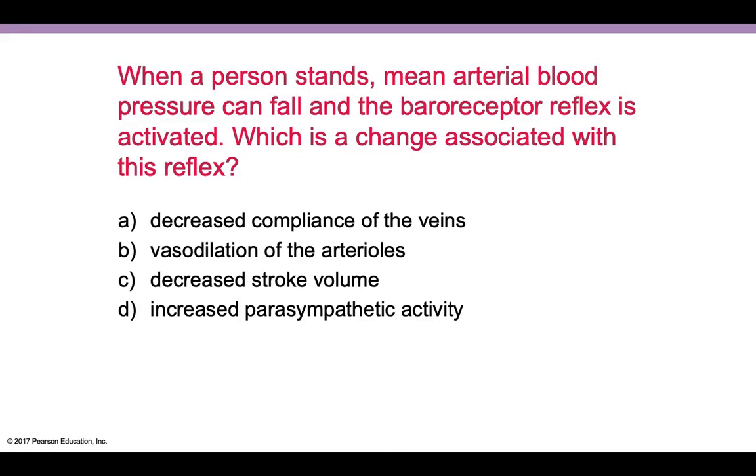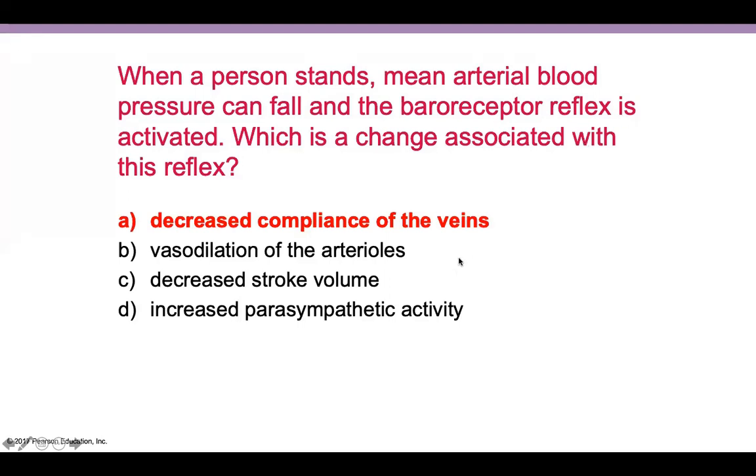The brain would respond by allowing for vasoconstriction, which would increase mean arterial pressure. So decreased compliance of the veins is not happening. Decreased stroke volume is not happening yet. Increased parasympathetic activity is also not happening, right? It's a vasodilation that's appreciated from the baroreceptors. They're going to read it as low pressure and then send those corresponding signals to the brain to result in changes to prevent you from fainting, okay?